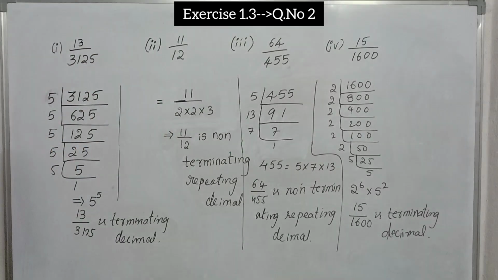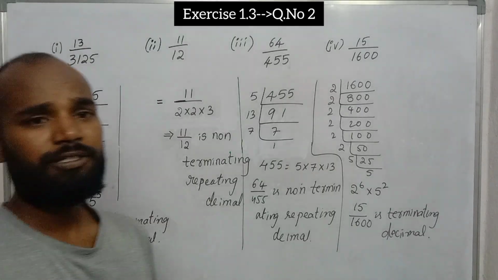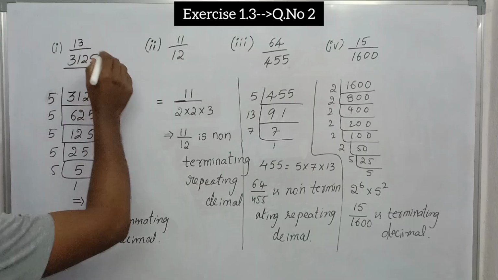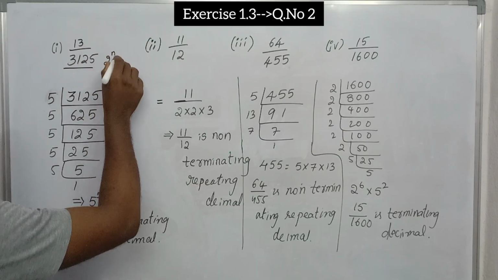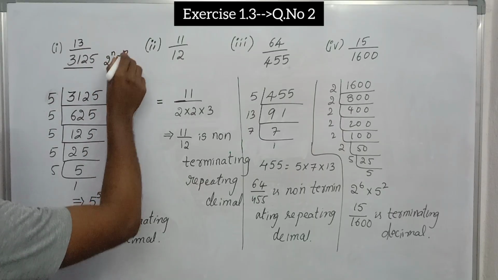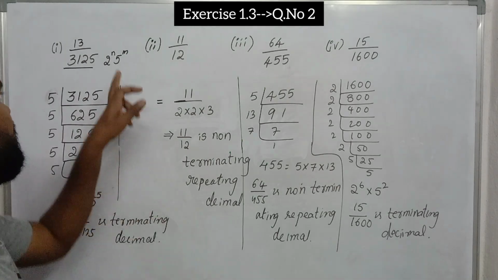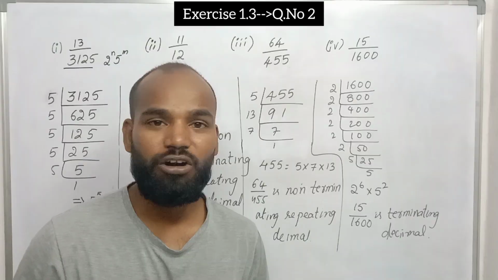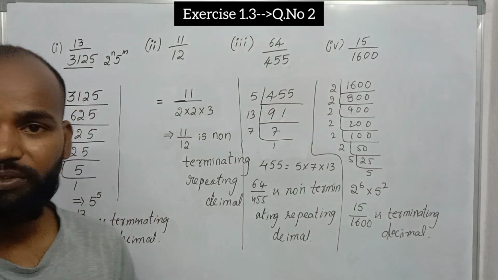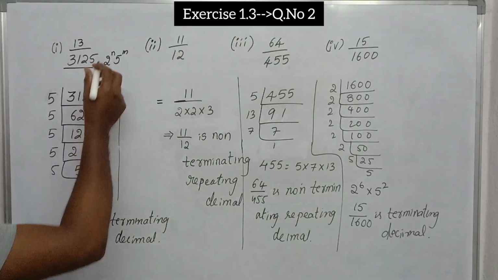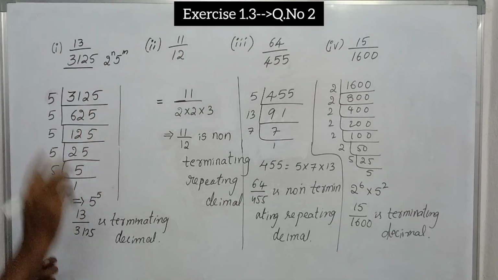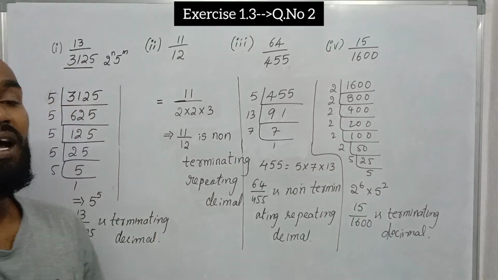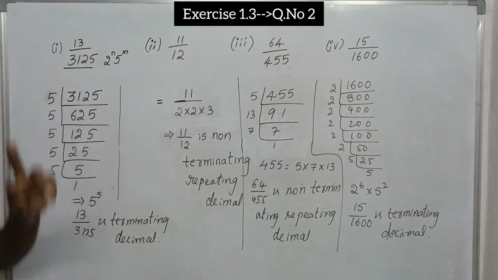One thing you have to know here: if your denominator is in the form of 2 power n and 5 power m, where n and m are non-negative integers, in the sense they are positive integers, if I can express the denominator in the form of 2 power n into 5 power m, then at any cost I can express this as a terminating decimal.